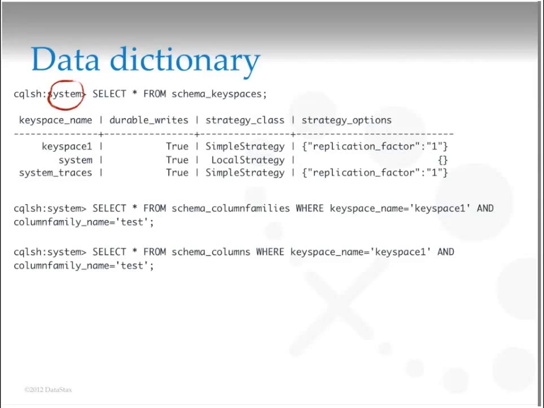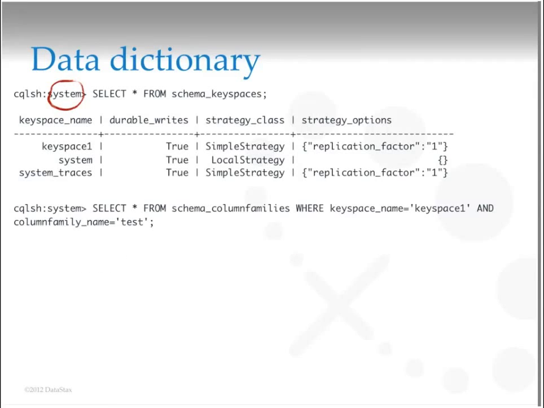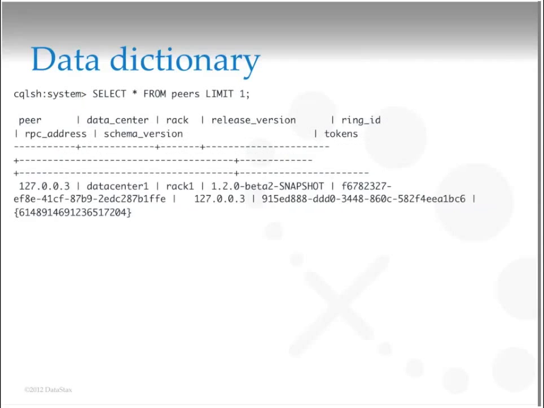So given those pieces of information, a client can actually determine, for a row that it wants to query, where that row lives in the cluster, and use a connection pool to connect directly to a node that has that data locally, rather than going over an extra hop through a coordinator that doesn't have the data locally. Hector and existing clients like Astyanax like to do this already.